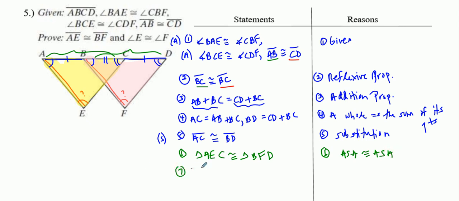And then we really can do both proof statements in the same step, because AE and BF is a pair of corresponding sides of those two triangles, and angle E and F is a pair of corresponding angles. So I'm going to include those both in my step number 7, and the reason is CPCTC. Corresponding parts of congruent triangles are congruent.